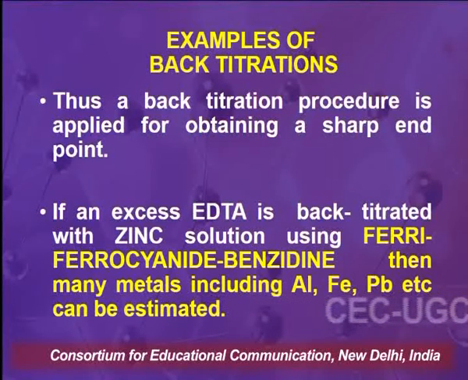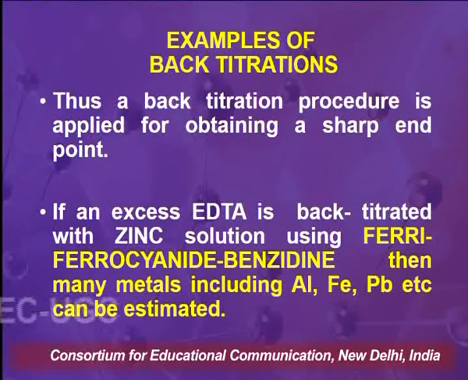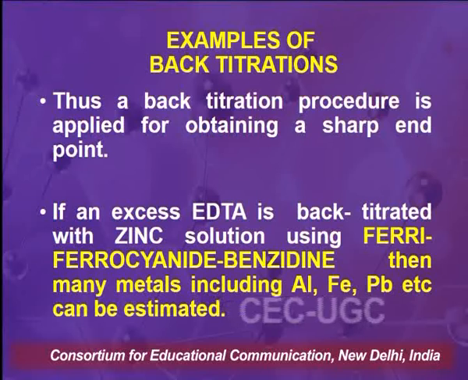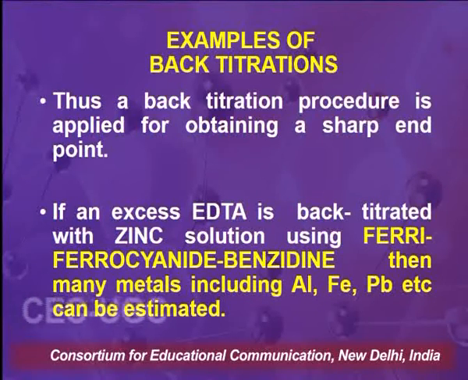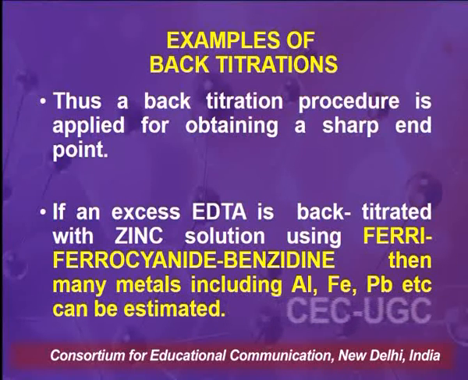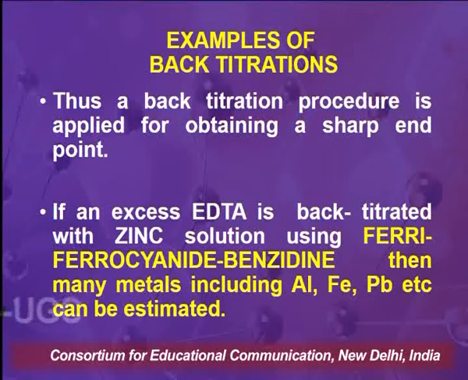If the color change towards the end point is slow, then the color change will not be very sharp. It will be a sluggish color change, and once the color change is not sharp, one cannot exactly determine how much of a particular metal ion has been used in the back titration for the estimation of that metal ion.